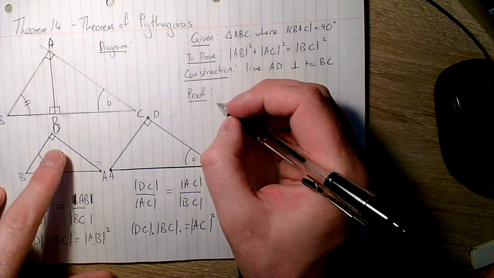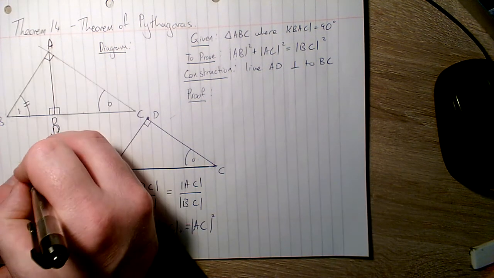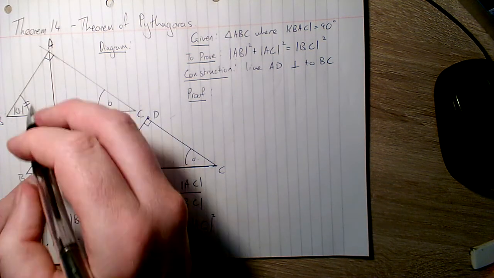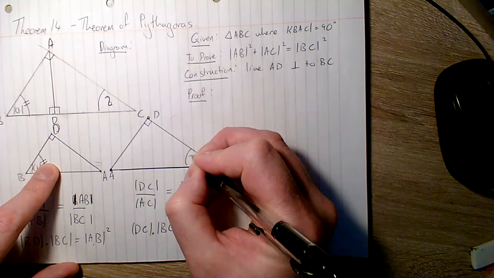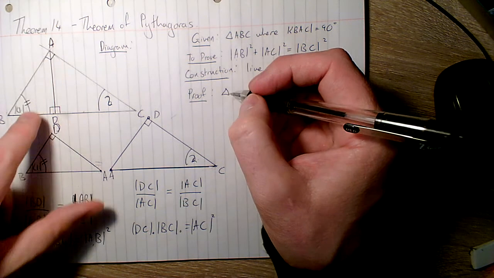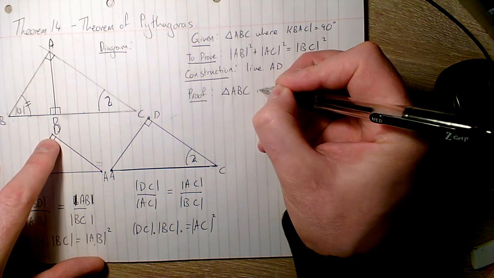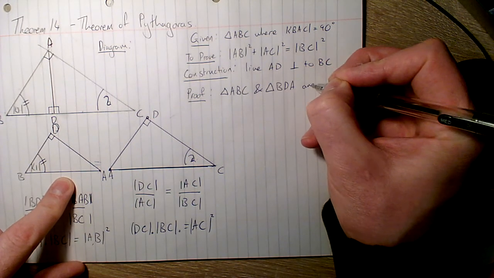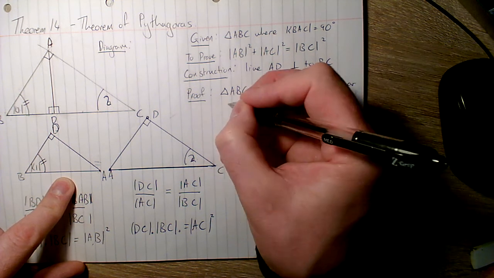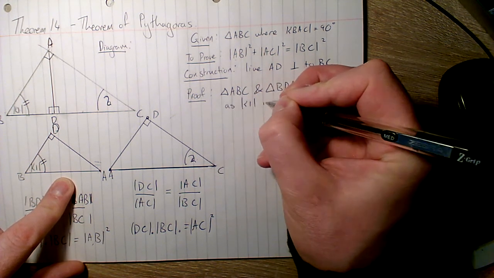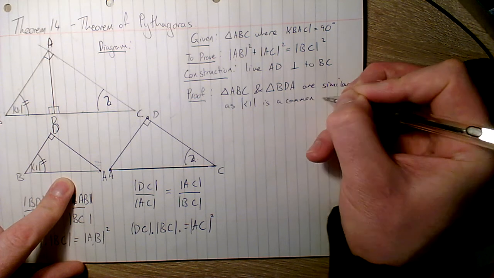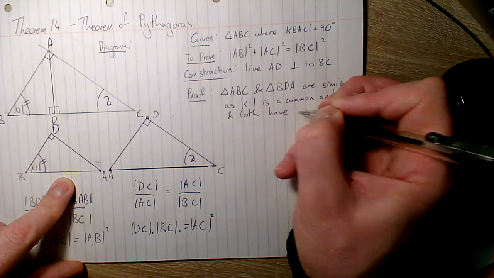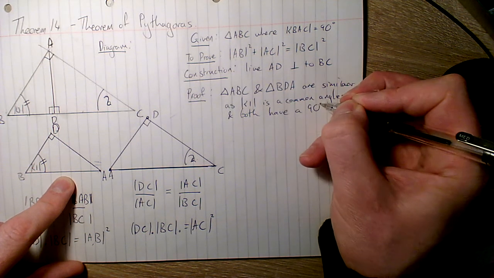So to start with, the proof will say, if I call this angle 1 and that angle 1, and this angle 2 and this angle 2, I can say triangle ABC, our big one, and triangle BDA are similar, as angle 1 is a common angle, it's in both triangles, and both have a 90-degree angle.